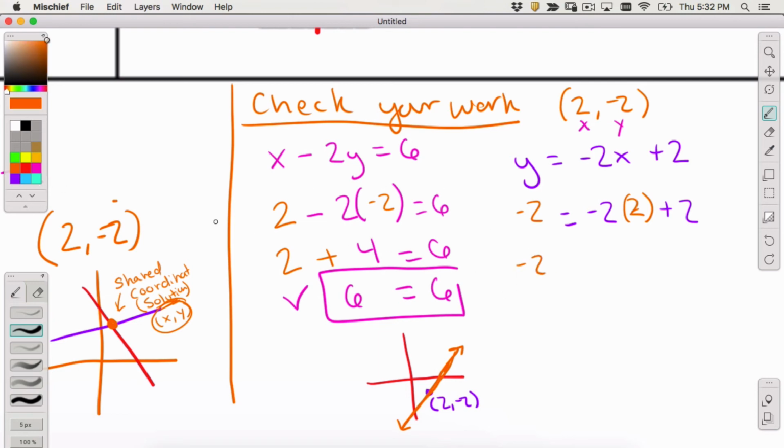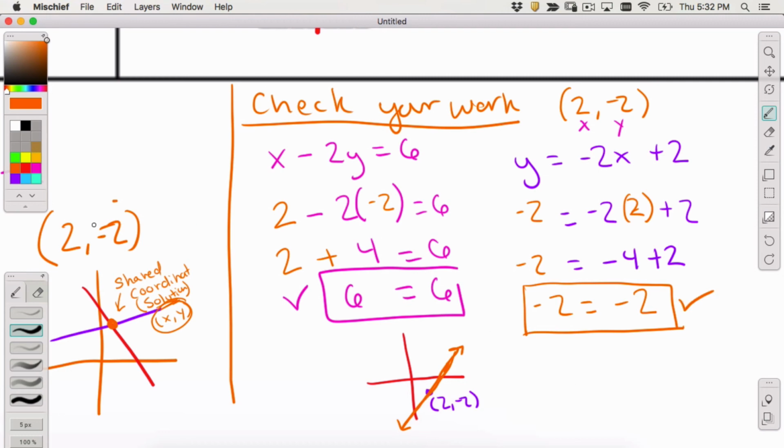All right, -2 equals -2 times 2 is going to give me a -4, plus 2. Woof! I was scared for a moment. I didn't think this was going to work, and it does! We have -2 equals -4 plus 2, positives getting me less negative, therefore moving closer to 0, and we have -2 equals -2, which is a true statement, y'all.